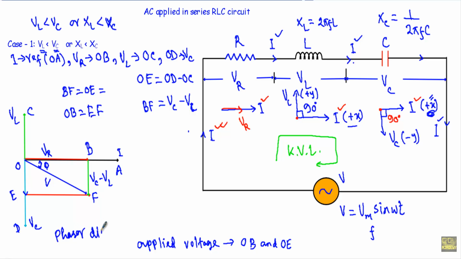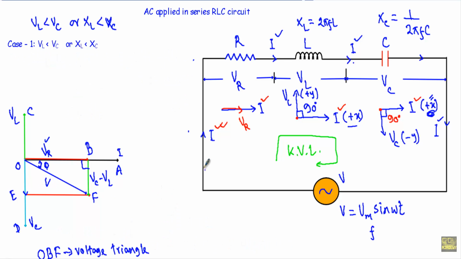Okay, now see, this angle will be 90 degree, so this will be voltage triangle, because we have drawn the right triangle by using the voltage components VR, VC, VL, applied voltage V. Now let me show you the current equation, impedance and the phase angle of the circuit.